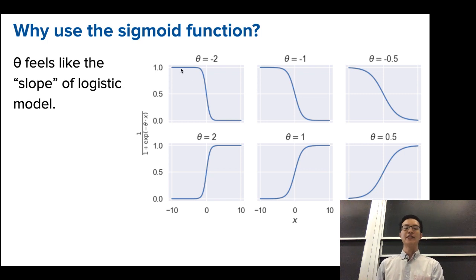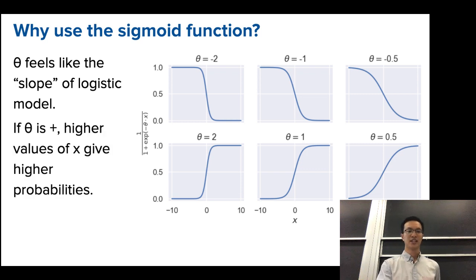If theta is negative, then we go from high to low, and if theta is positive, we go from low to high, just like how if we have a positive slope, we go from low to high, and if a negative slope for a line, we go from high to low. So it feels like the slope of a logistic model. It's not exactly the slope. I'm just trying to get you to see how theta affects the predictions of our model.